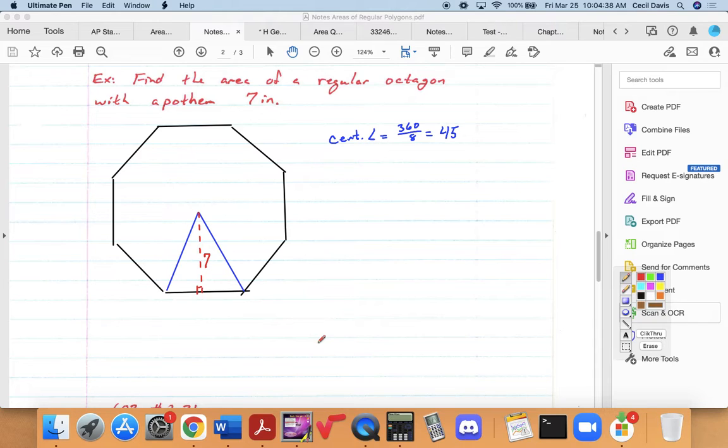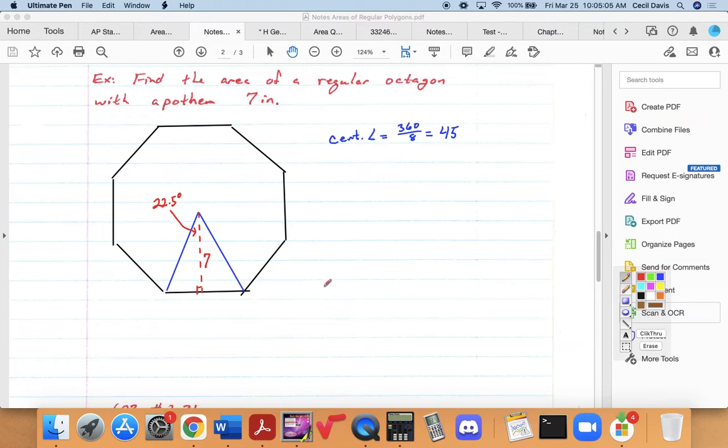And remember that this also splits in half the central angle. So this angle up here is 22.5 degrees. So although the central angle is 45, we're not going to have 45, 45, 90 triangles here.